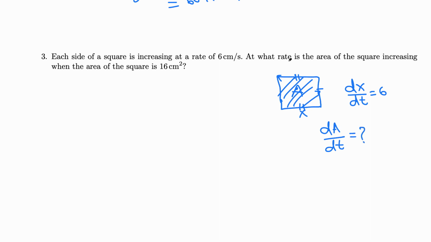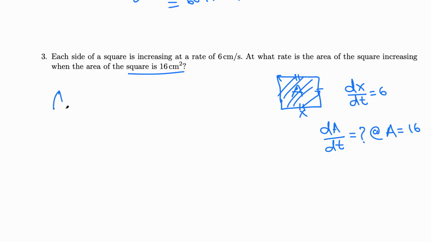At what rate is the area of the square increasing when the area of the square is 16 square centimeters? So at the moment when the area is 16 square centimeters, because the area is constantly changing, how fast is the area changing at that moment? We need to write down the relationship between area and side x.